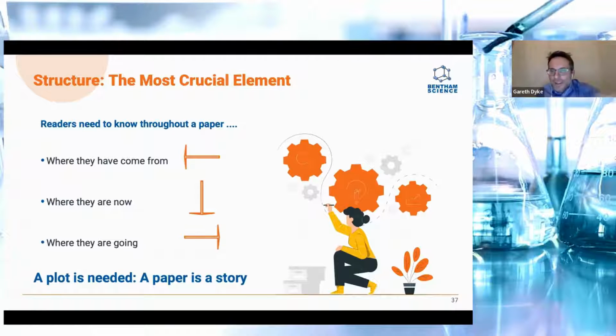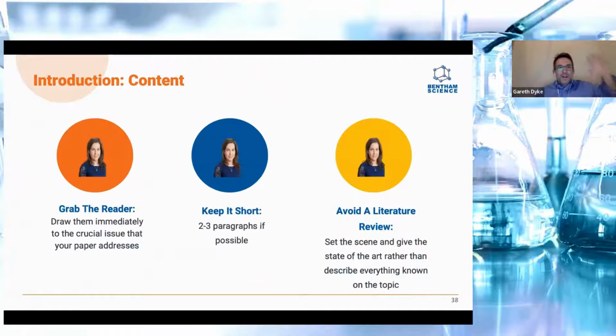A plot is needed. A paper is just like a story. If you have fallen asleep, if you forget everything in this presentation today, please remember what to do before you start to write: your message, your audience, and your structure. So grabbing the reader in the introduction, getting them interested in the study is of critical importance.